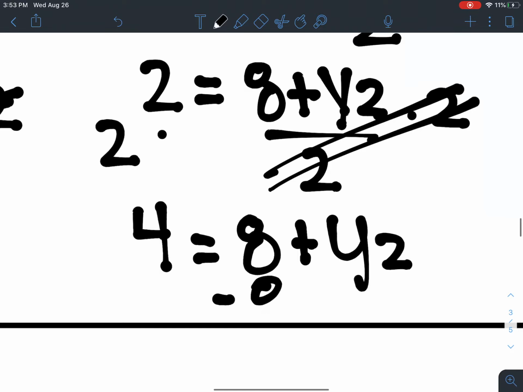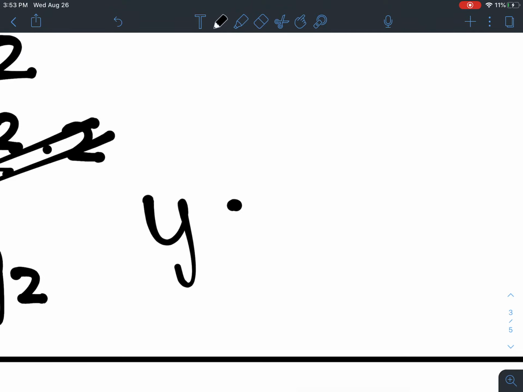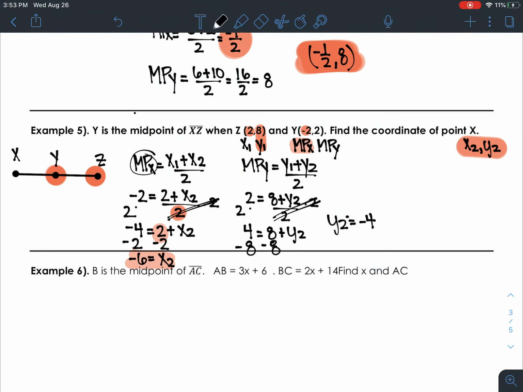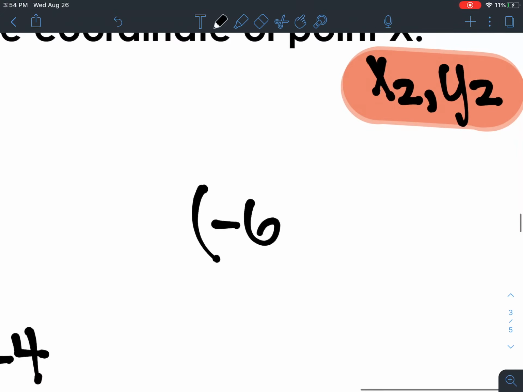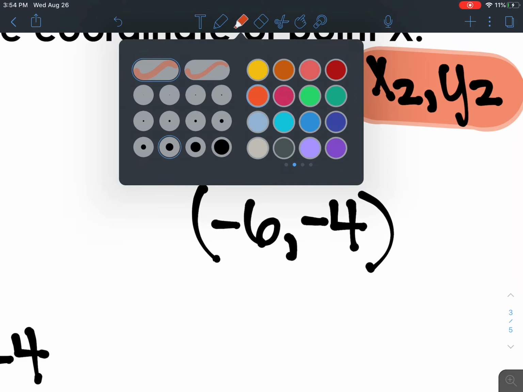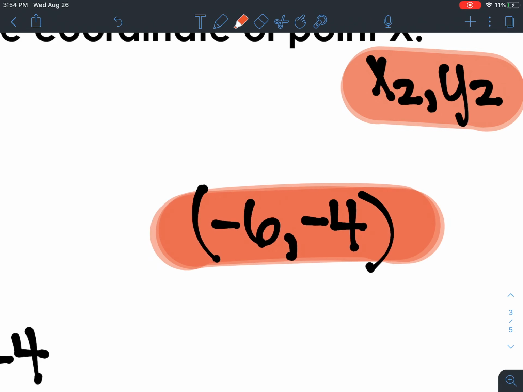Then subtract the 8 over, and I'm going to get, I'm running out of space, your y2 is negative 4. Which means my final answer is a coordinate, correct? So it's x2 comma y2, which is negative 6 comma negative 4. And that's your final answer.